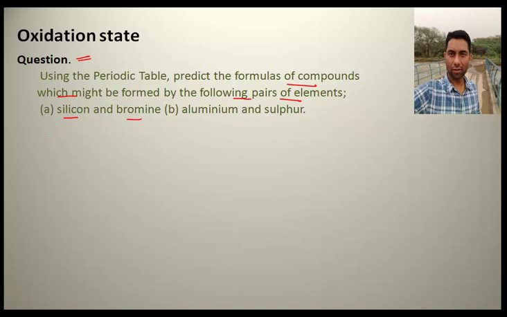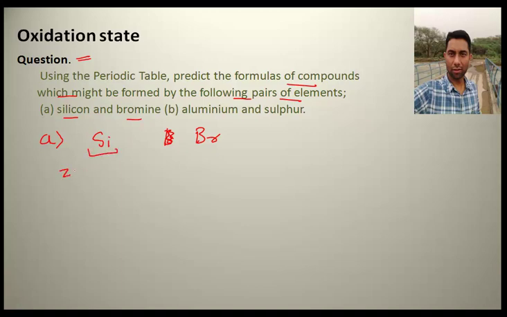So first part, that is silicon, Si, and bromine, that is Br. Now, what will be the formula of the combination of these two elements? So for that we have to relate, first of all, silicon.